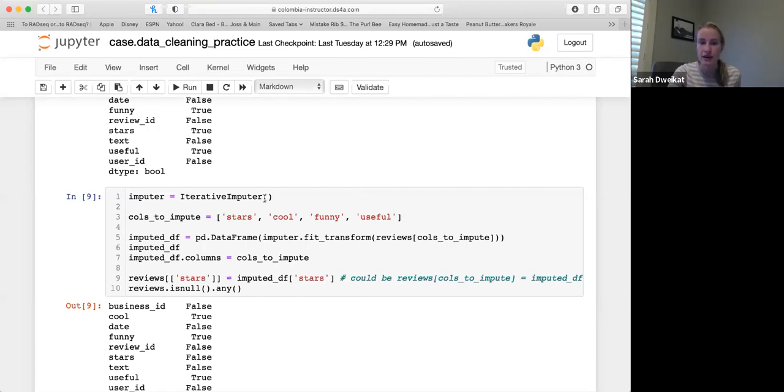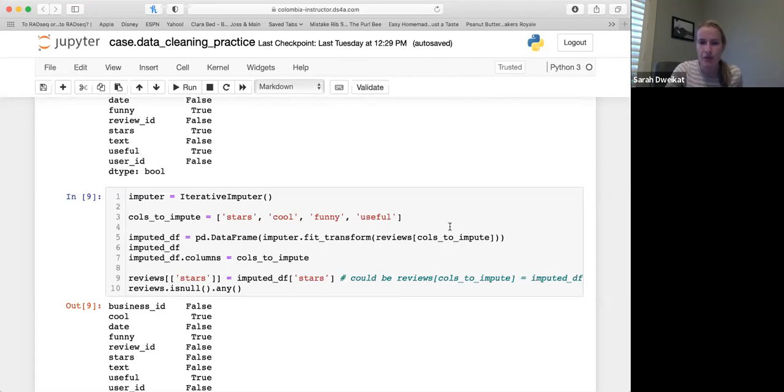So what we're doing here is telling it, using this iterative imputer, it's basically 1 line of code to go ahead and do the calculations because it's already built in. So you use this imputer.fit_transform, which transforms your data based off of the mean and the variance of each feature.